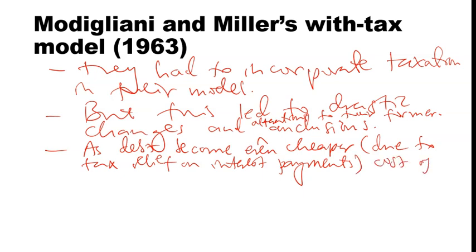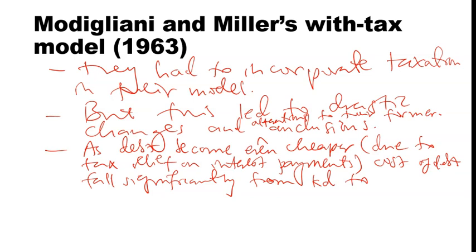The cost of debt, KD, falls significantly, from KD to KD multiplied by 1 minus T. Remember the tax adjustment?